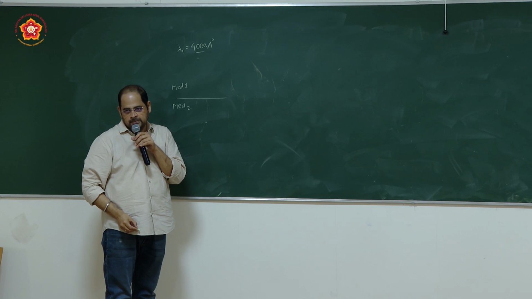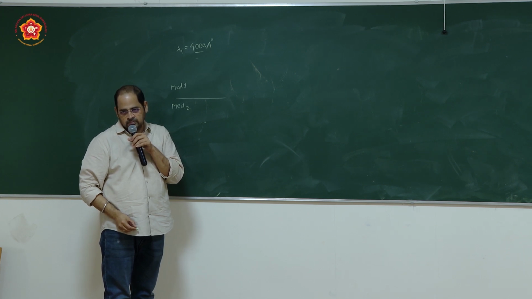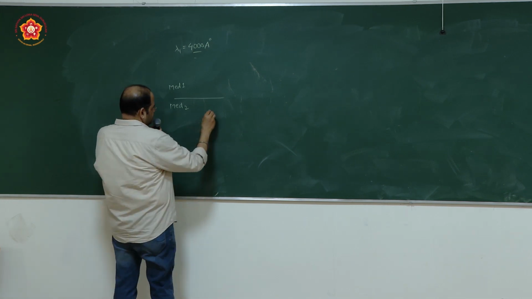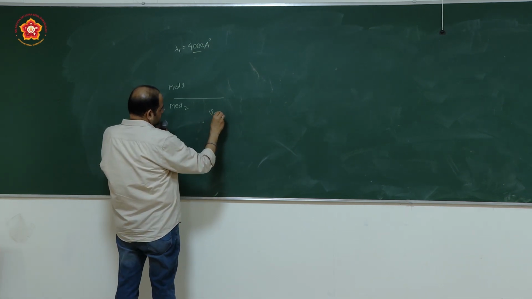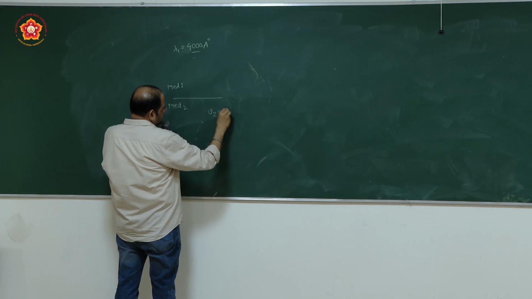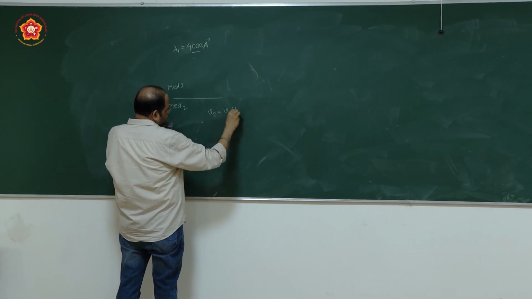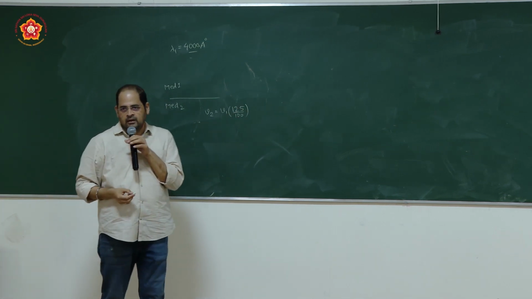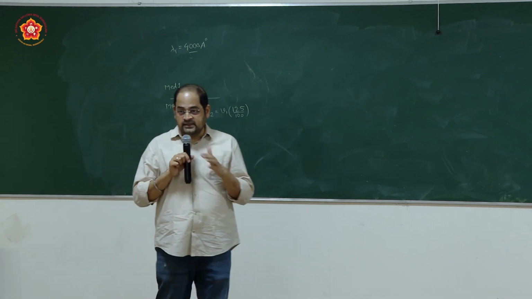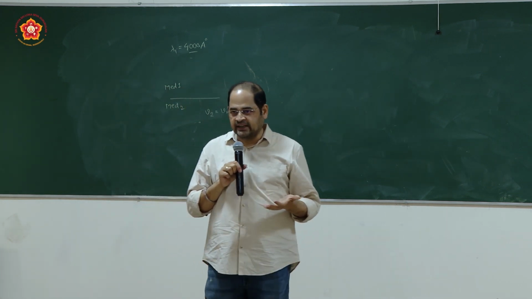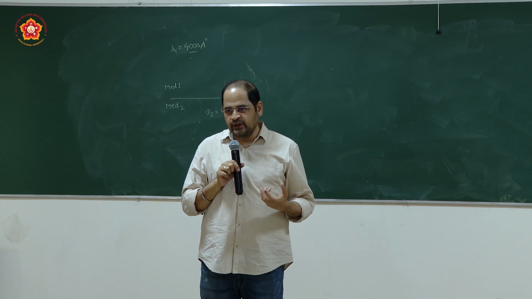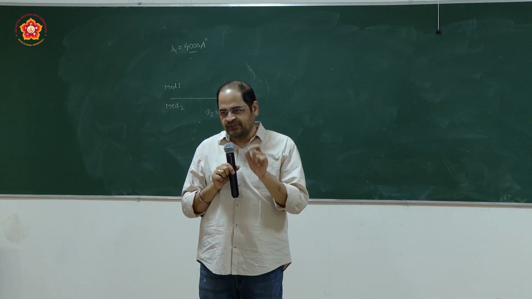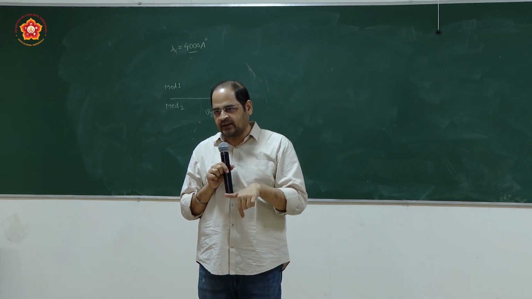Then in this case, velocity in the second medium will be equal to velocity in the first medium into 125 by 100. Where is it said increases by 25%? You have to take it as V plus V into 25 upon 100.